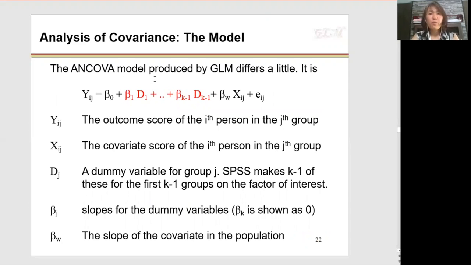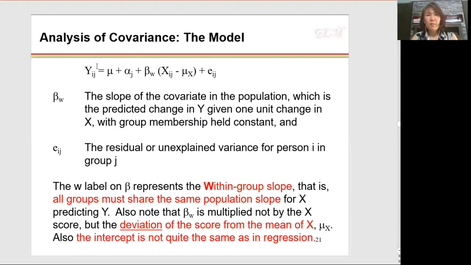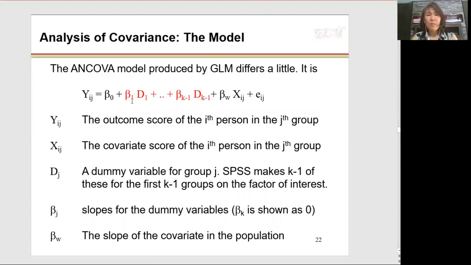The ANCOVA model produced by GLM differs a little. It is Yij. So this is the same as this. But the notation, look. If you have dummies, instead of just one single group factor, you can split it in this way. So beta 1 dummy.